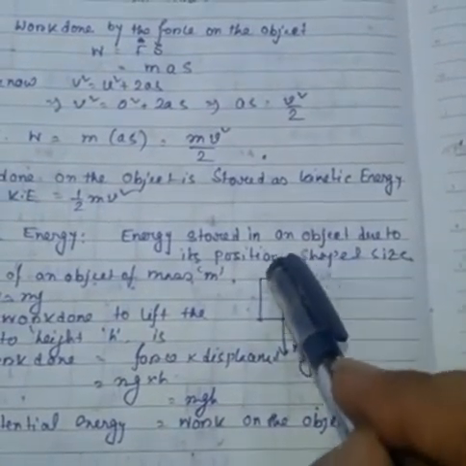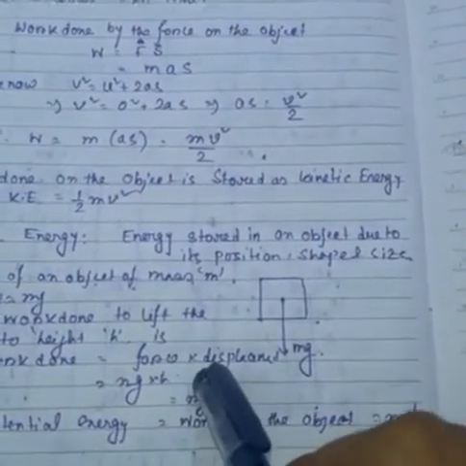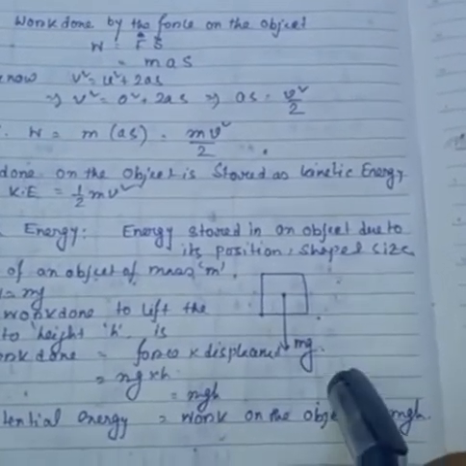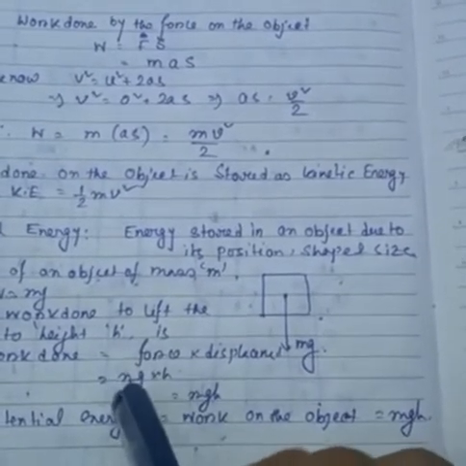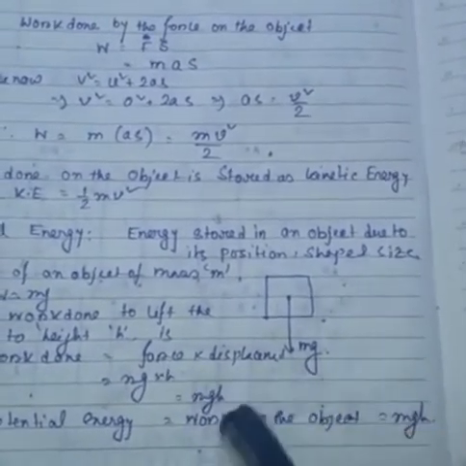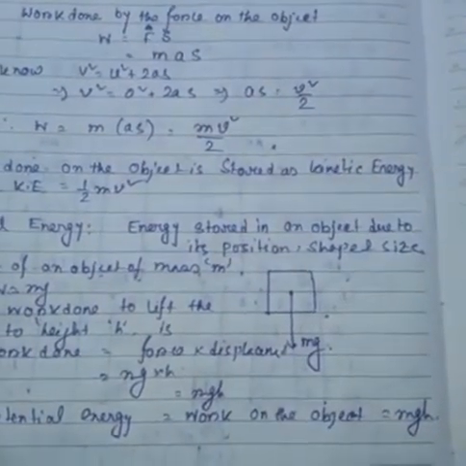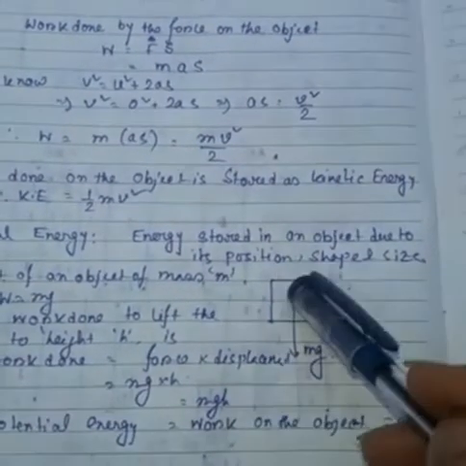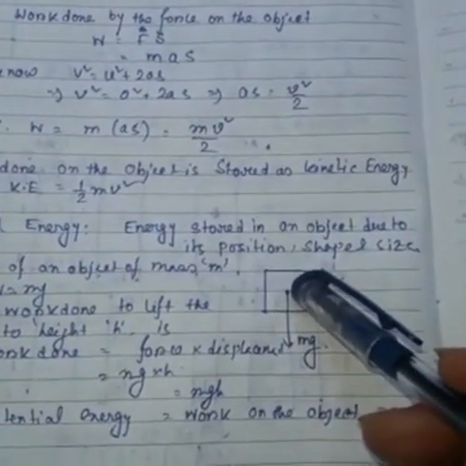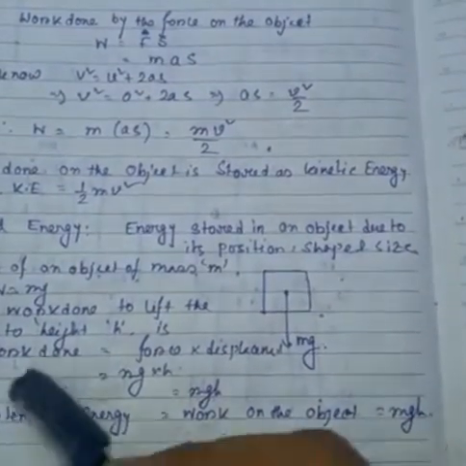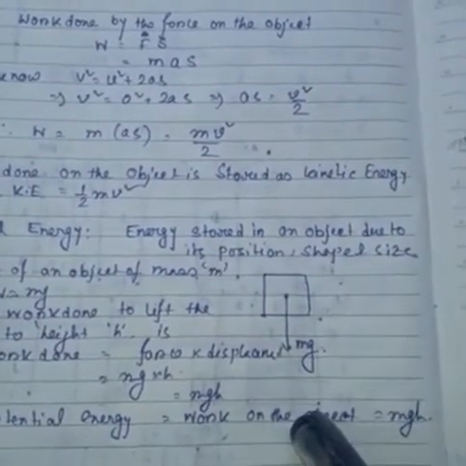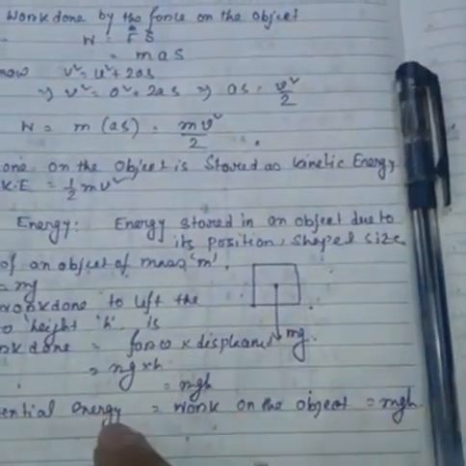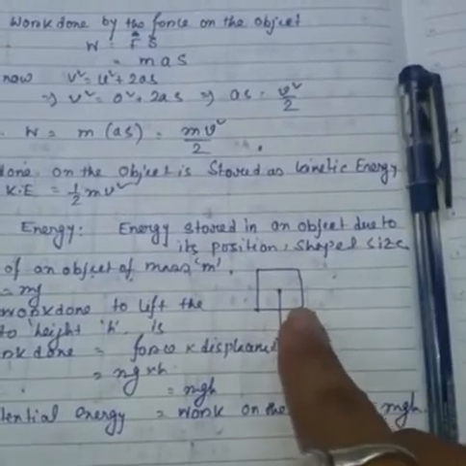So the force is mg and the displacement is h. The work done on the object is force multiplied by displacement, that is mg multiplied by h, which is mgh. So this amount of work is done on the object, and the same amount of energy will be gained by the object. The potential energy gained by the object, equal to the work done on it, is mgh. This is an example where, due to position, an object gets some amount of energy.